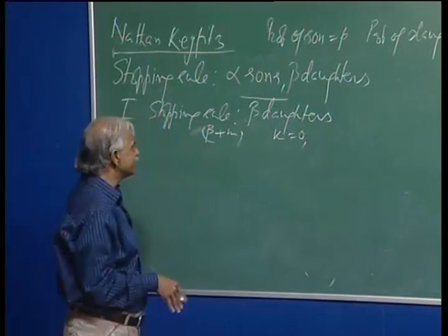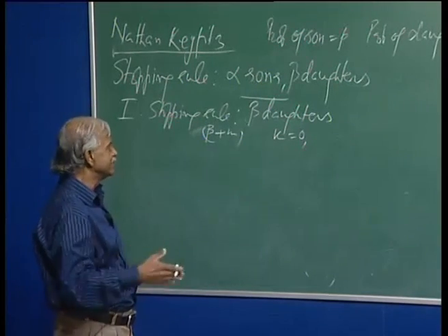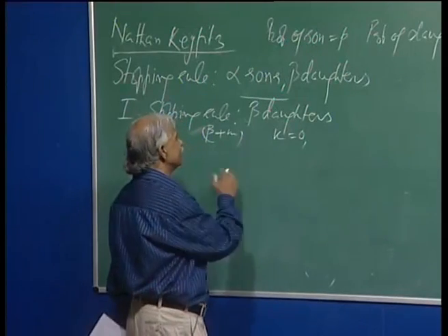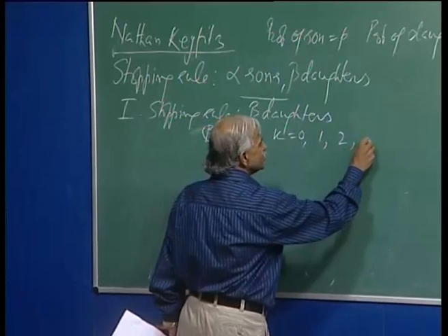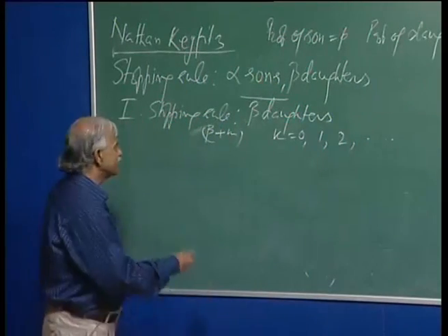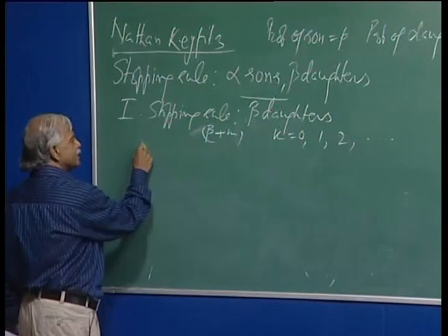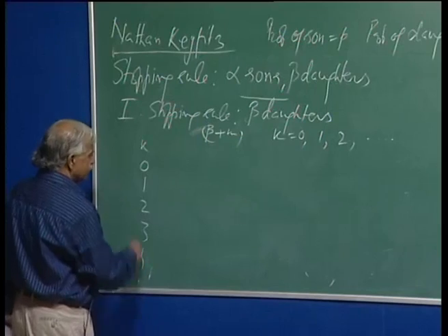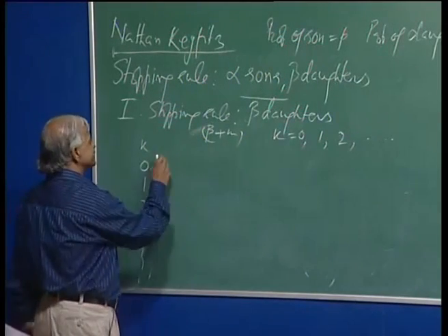If they are fortunate enough to have beta daughters consecutively without having a son, they will stop at beta. Otherwise, if there is a shortage of 1, they will go for beta plus 1 or beta plus 2 and so on. And you can likewise write their probabilities for k equal to 0, 1, 2, 3, 4 and so on. Theoretically, we go up to infinity, but infinity does not make any sense here.